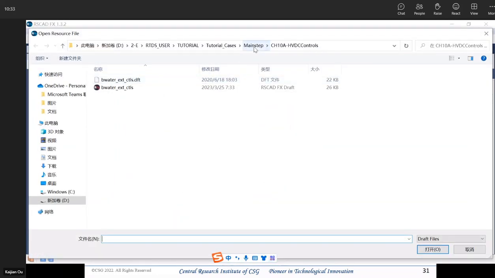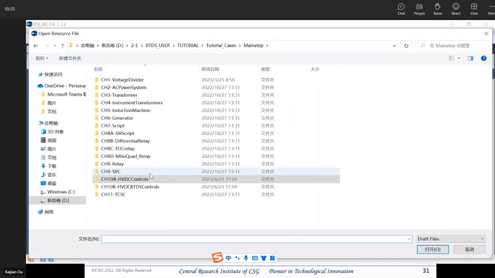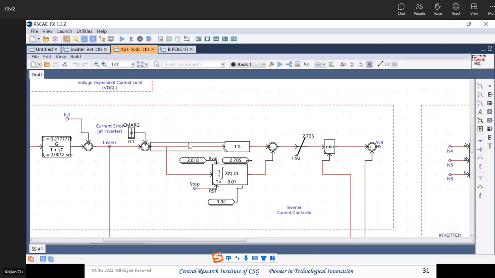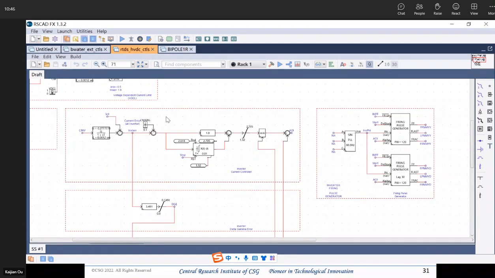And another model we like here is this one, which uses the RTDS model.